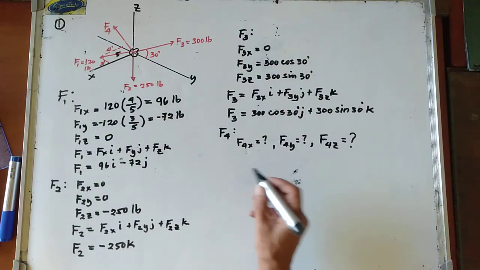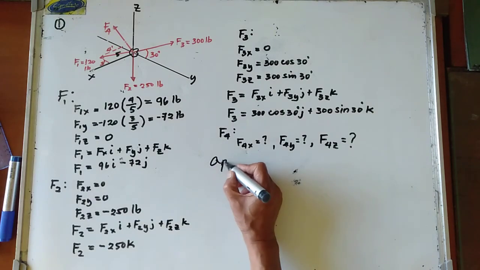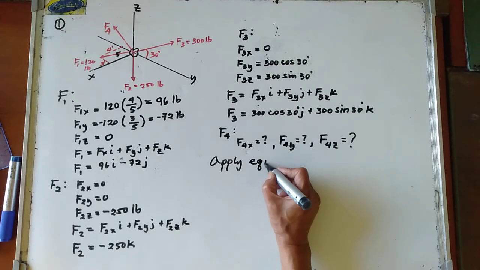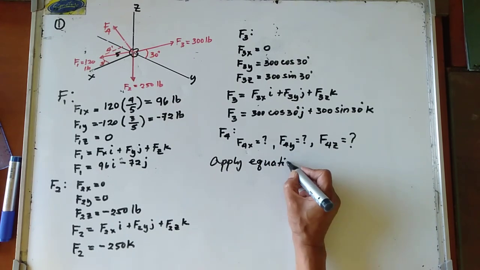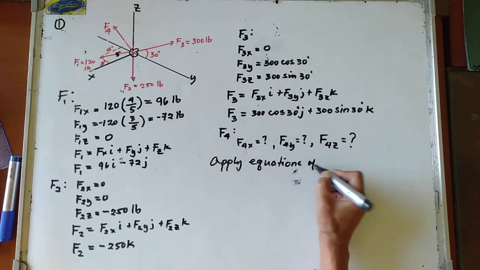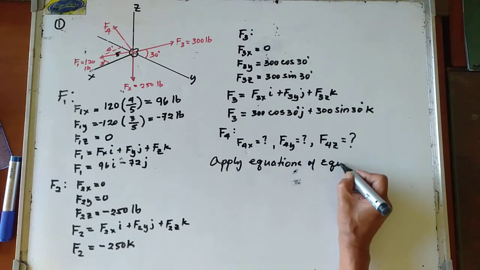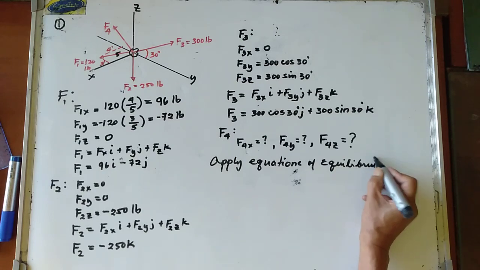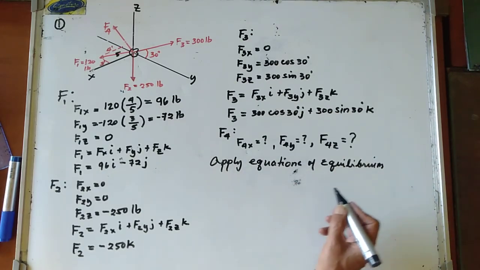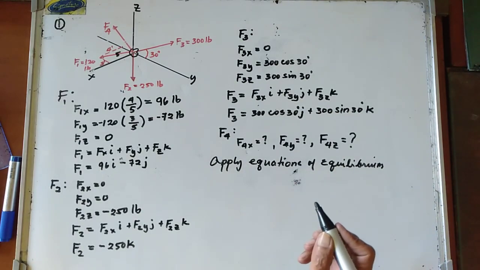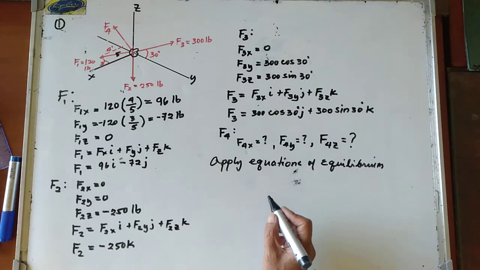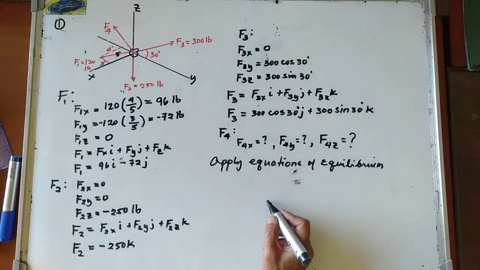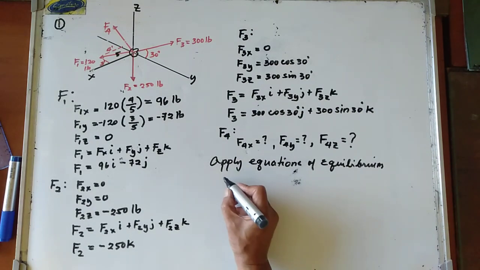Let's then try to apply the equations of equilibrium. The equations of equilibrium are summation of forces along the x, summation of forces along the y, and summation of forces along the z are equal to 0.